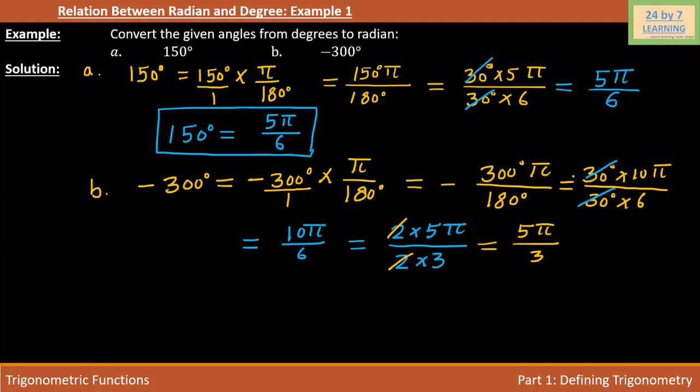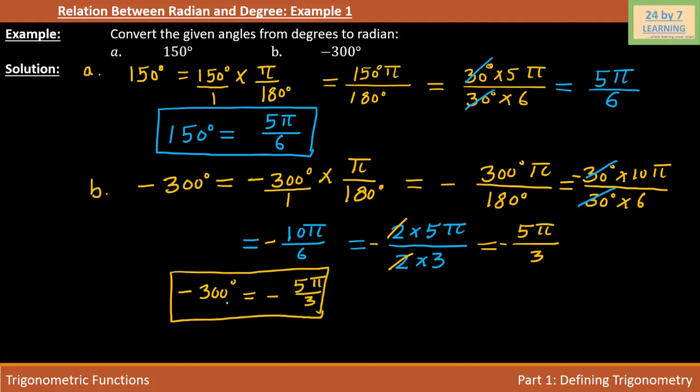I'm going to write negative here, here, and here. So basically my angle negative 300 degrees is equal to negative 5 pi over 3. And this is how I will convert degrees into radians.